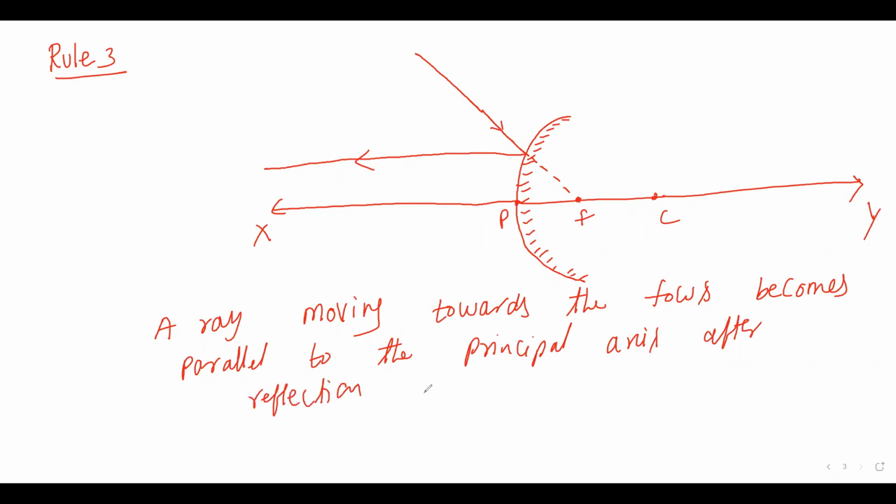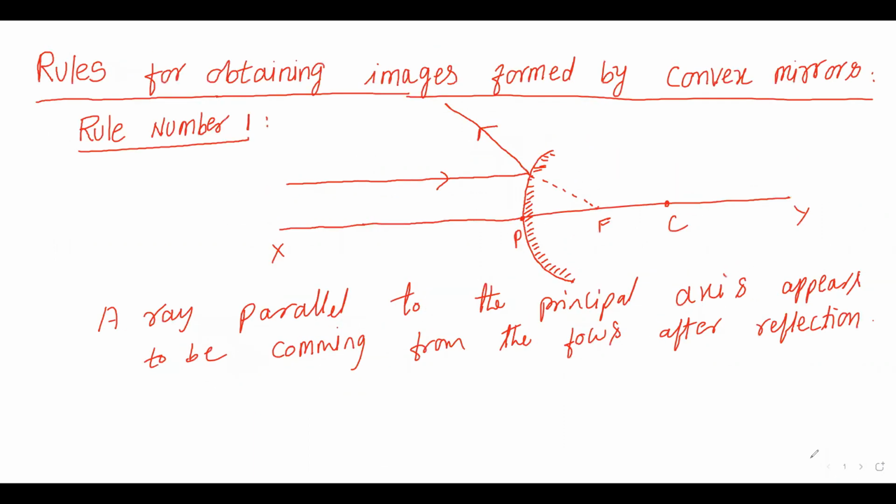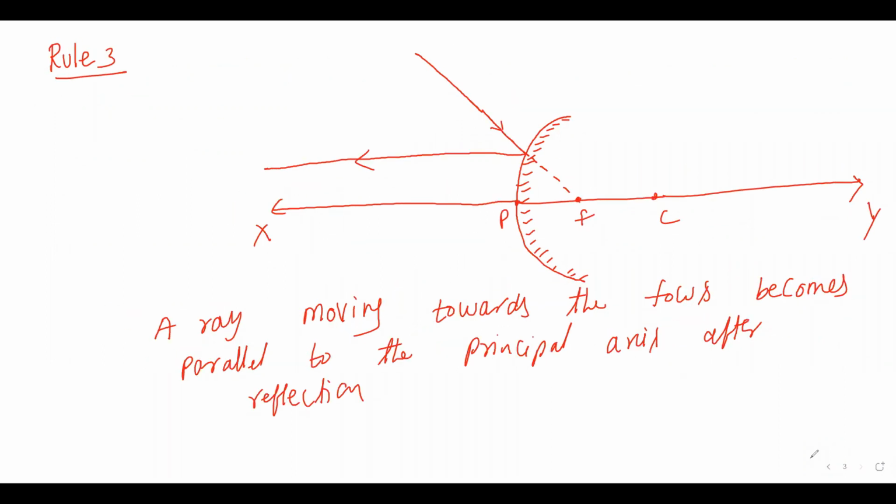Is that okay? So a ray moving towards the focus will become parallel to the principal axis after reflection. The last rule, fourth rule.